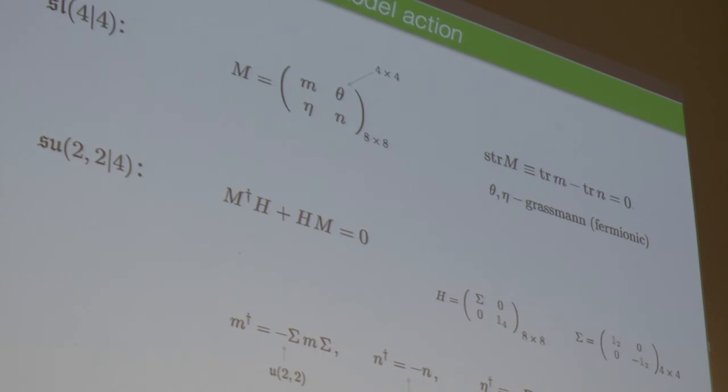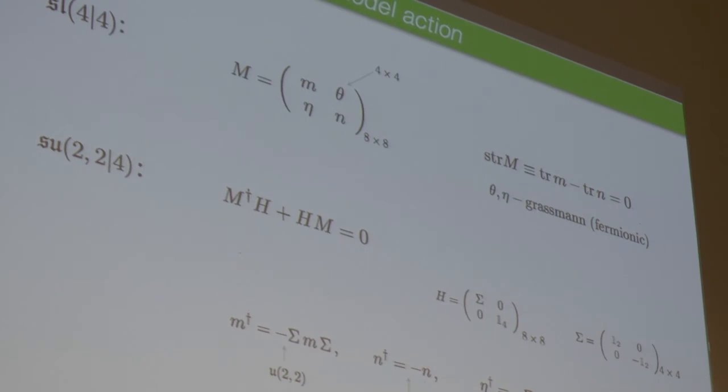Now, the compact form SU(2,2|4) is distinguished by imposition of a certain reality condition, which is written down here: M† H + H M = 0, where H is a certain 8x8 matrix.